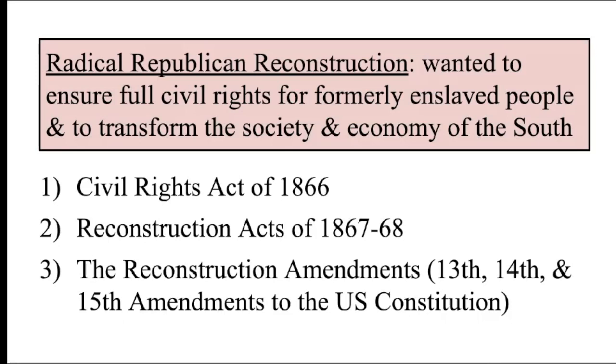I've put these up here: Civil Rights Act of 1866, Reconstruction Acts, and Reconstruction Amendments, so you know where they came from when we talk about them later. This was mainly defensive legislation that aimed to make a bad situation less bad, because radical Republicans did not have the numbers or the power to enact the sort of legislation that they actually wanted.